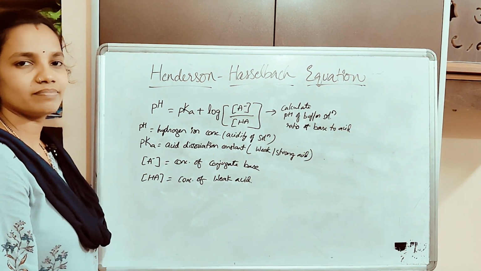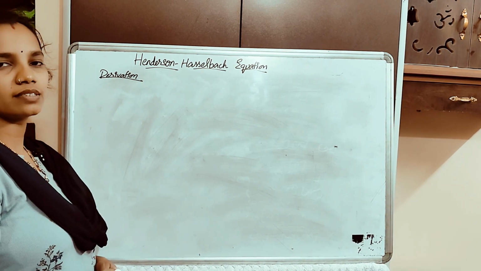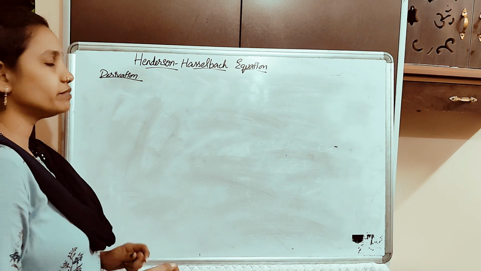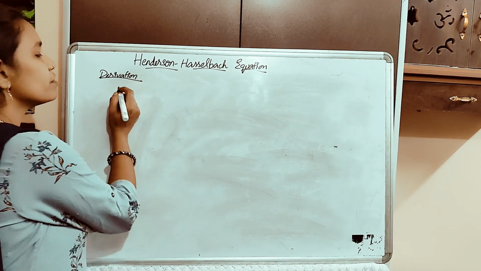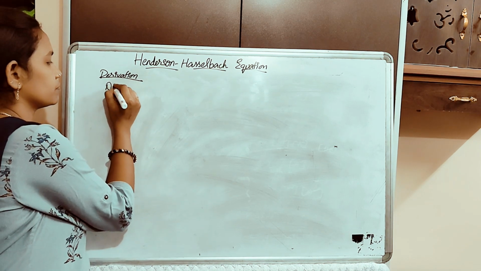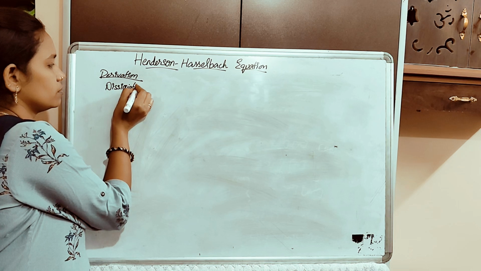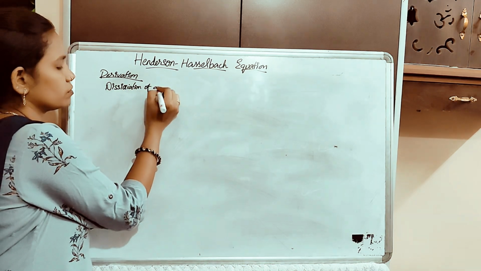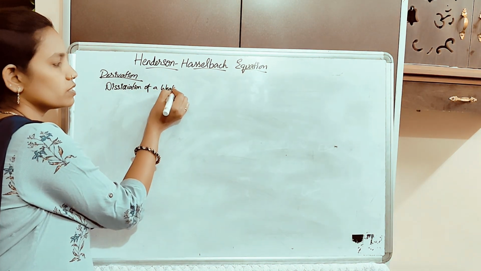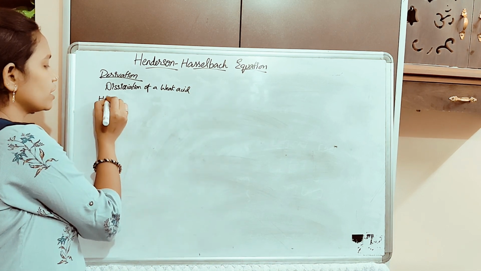Is it clear? Now let's look at the derivation part of the Henderson-Hasselbalch equation, means how the equation is derived. First, we'll start with the dissociation of a weak acid. What is HA?